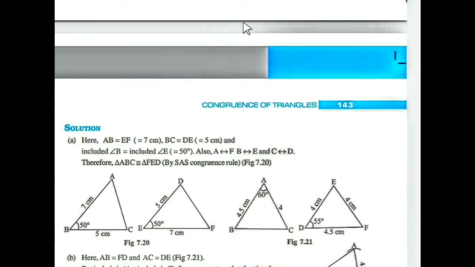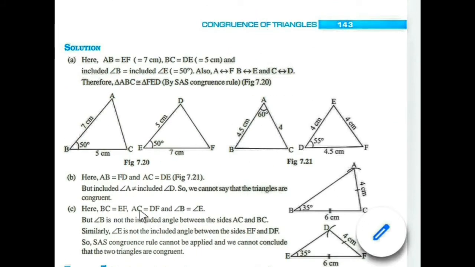Okay. So let us see here. Here BC equal to EF, AC equal to DF and angle B equal to angle E. But angle B is not the included angle between the sides AC and BC. We can see here angle B is here. It is not the included angle between AC and BC. For AC and BC, the included angle should be here.